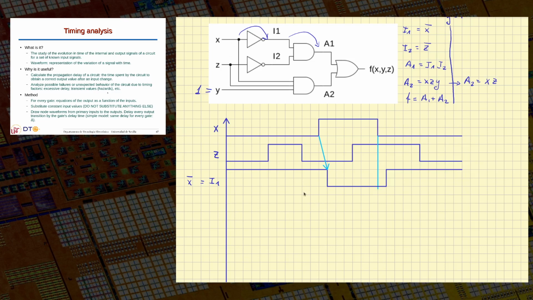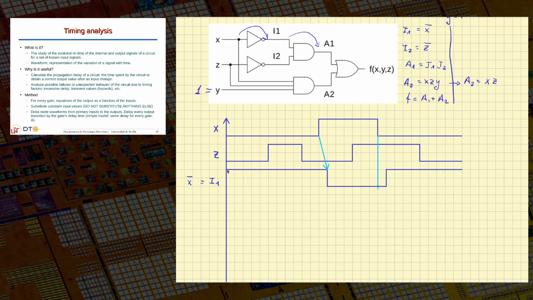There's an interesting thing, which is what happened at the beginning. What's the correct way to express it in my chronogram? Because my chronogram starts at this point, it will be time equal to 0. I know that x here is 0, but I don't really know what's the initial value of I1.